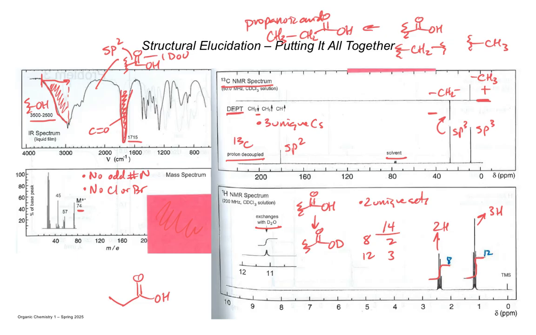Let me call these, we kind of already know, but I just want to verify, A and B. We know that A is 3 hydrogens, so we can make the assignment there. B is 2 hydrogens, so we can make that assignment. I know it's tough to see, but when you look at the signal for A, can you figure out what its multiplicity is?